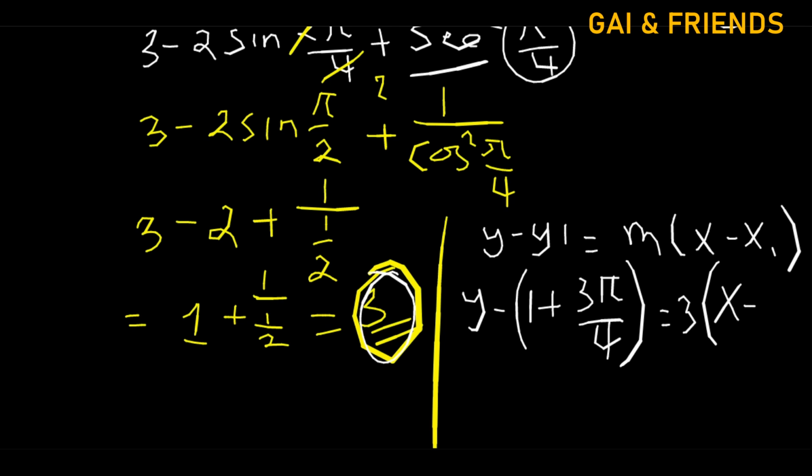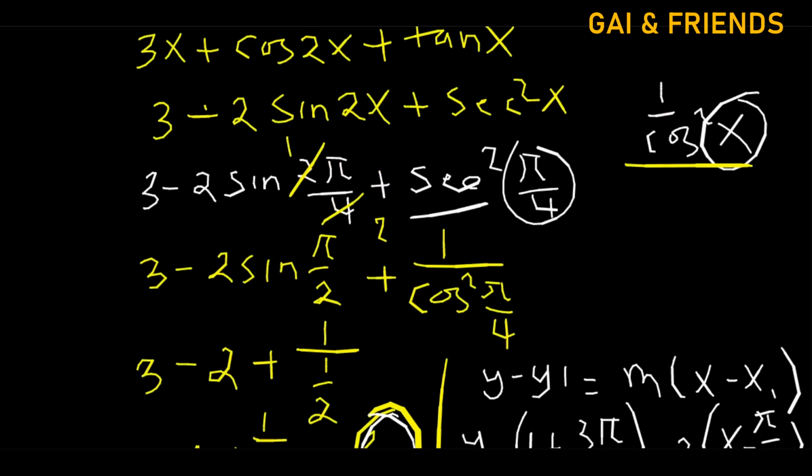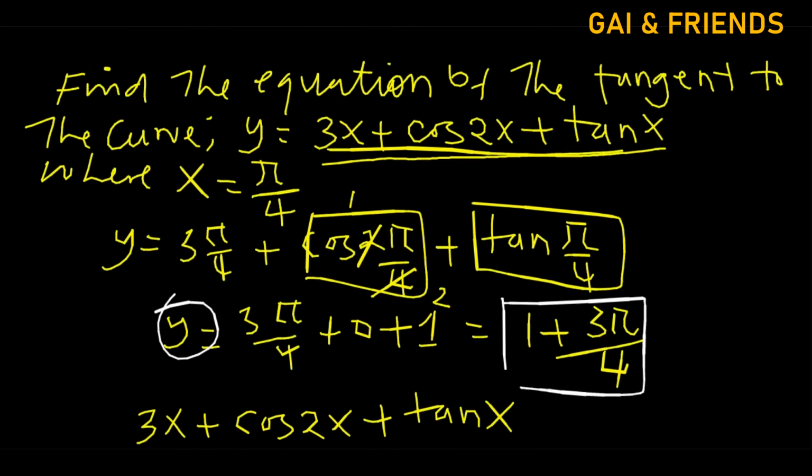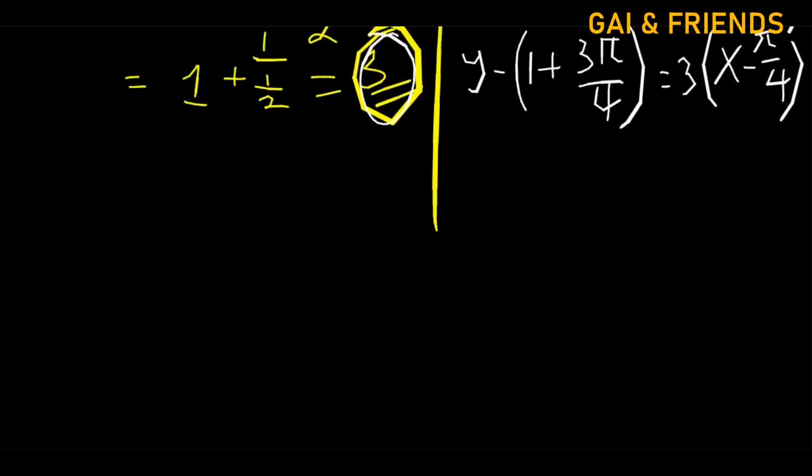We were given the value of x, and it is pi out of 4. If you doubt it, let's go back to the question. Find the equation of the tangent to the curve y is equal to 3x plus cosine 2x plus tangent x, where x is pi out of 4. Convinced?